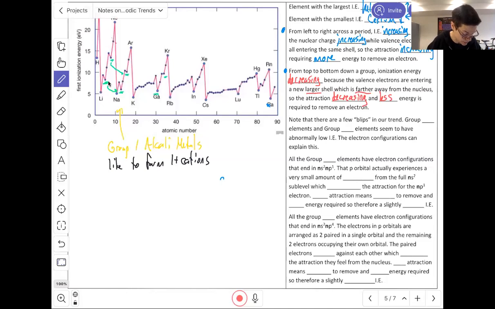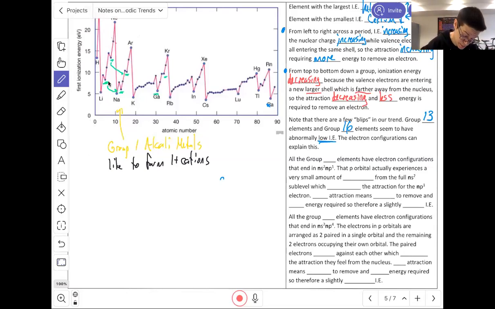It's difficult to see with this diagram because it doesn't include all of the element symbols, but those blips occur in group 13 and they occur in group 16. So these have abnormally low ionization energies. They are lower than expected.